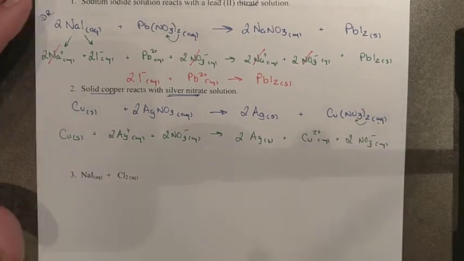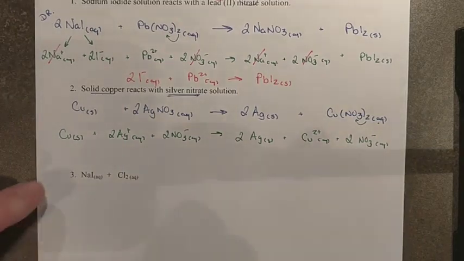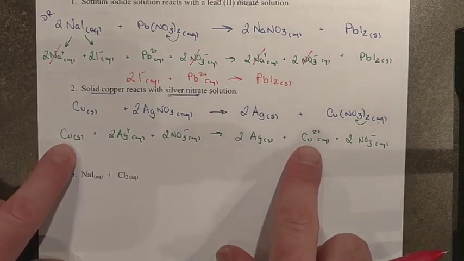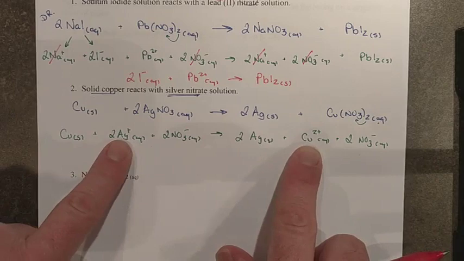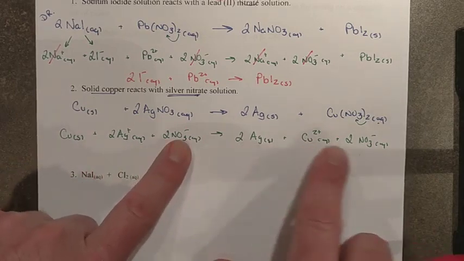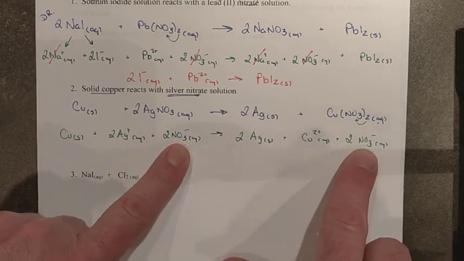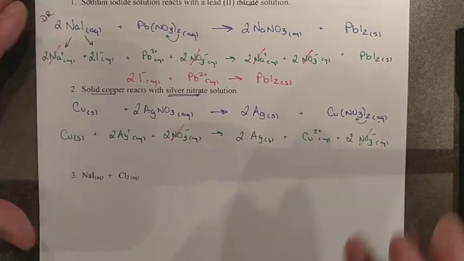And now what I want to do is go through and look for things that have not changed. If I look at copper, it changed in both state and charge, so it must be involved in the chemical reaction. Silver changed in both state and charge, but nitrate has undergone no change whatsoever. So only one spectator ion in this one.